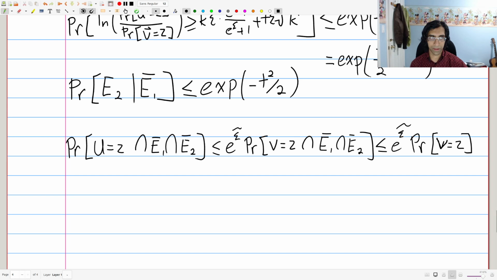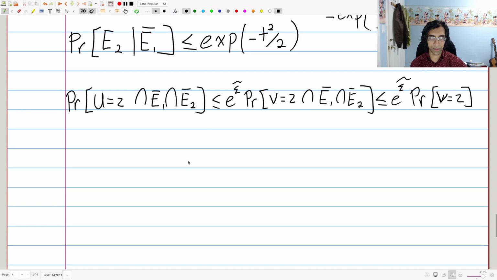And now let's take into account all the other things going on. So let's complete the proof as follows. This was conditioning on these two events, but let's do it for a general z. So the probability that u is equal to z, well, we'll partition this in a kind of weird way. We're going to separate it into its intersections with different probability events.